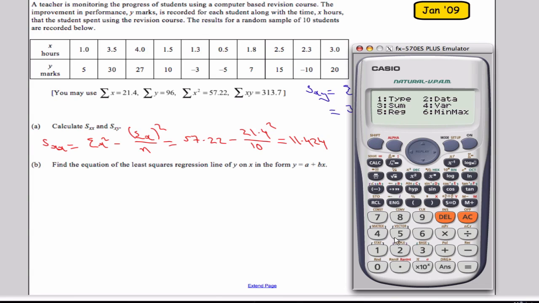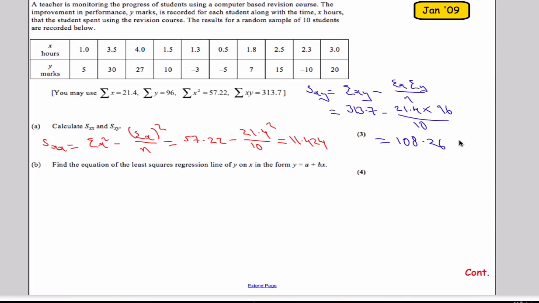I want option 5 for regression. I need the value of A, which gets calculated to be minus 10.6797, etc. So let's just round it to three significant figures. A is minus 10.7. So A equals minus 10.7.